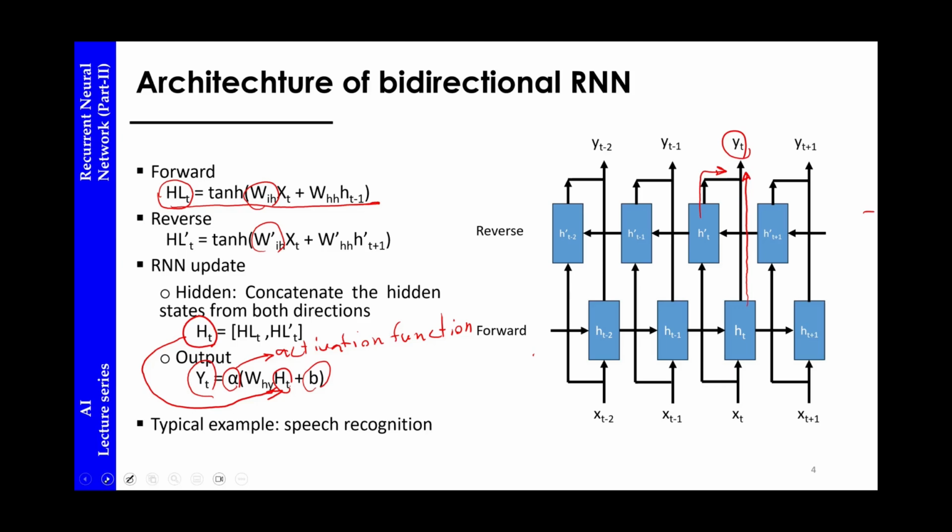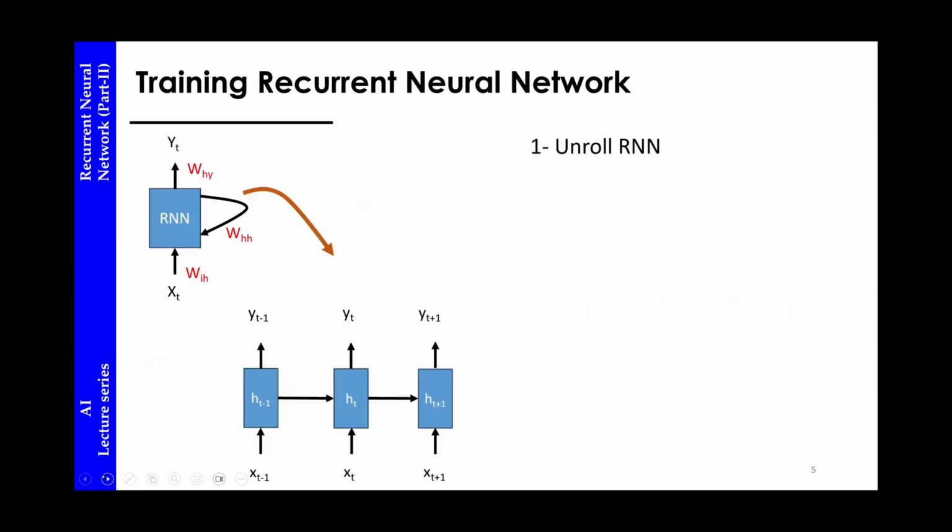Okay. Now, the question is, when we have a recurrent neural network, how do we train our model? You know that training is an optimization problem. You should calculate a loss and then move forward and backward and try to minimize the loss as much as possible.